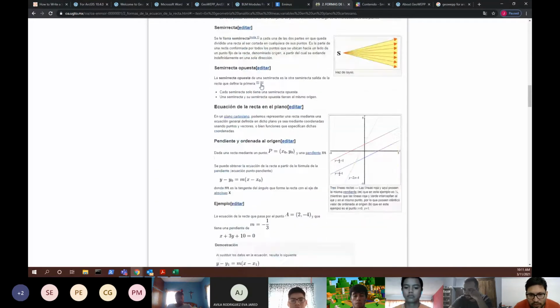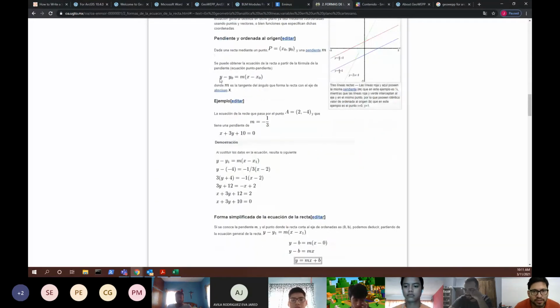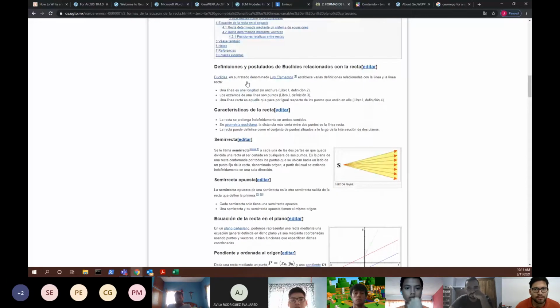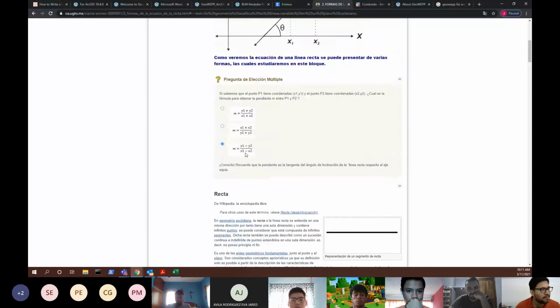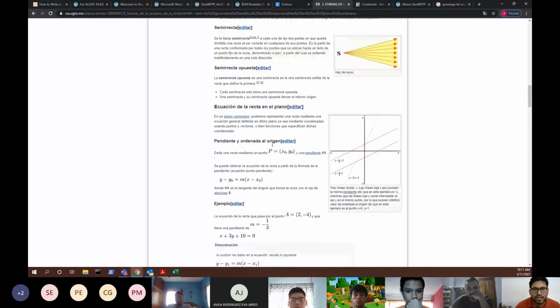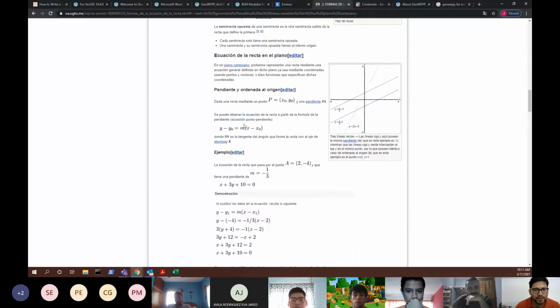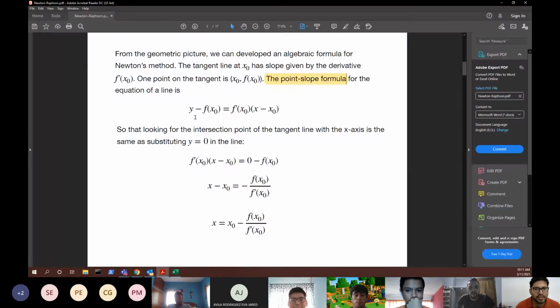But in general, if I go here, you have this equation: y minus y0 equal to the slope of the function, that is defined by this formula. In general, it's the derivative of the function times x minus x0. If you compare what I have here, it's exactly the same.